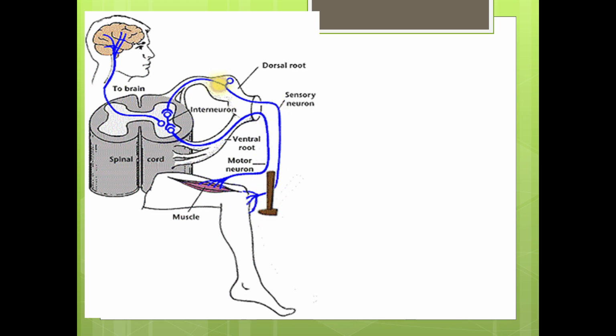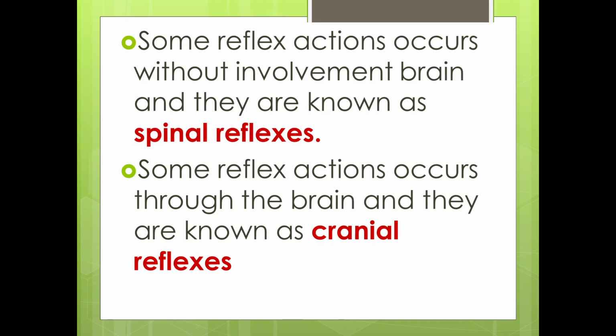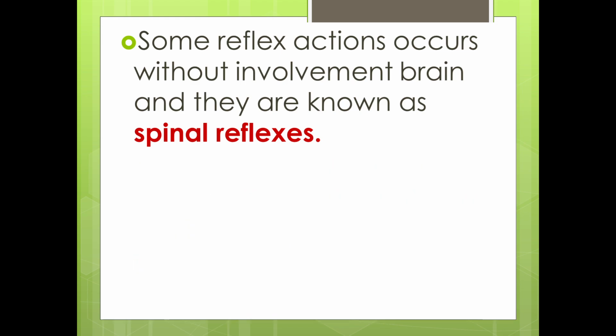That's a cranial reflex action. Reflex actions may occur through your spinal cord, we call them spinal reflexes. And if it occurs through the intermediation of the brain, we call them cranial reflex actions.